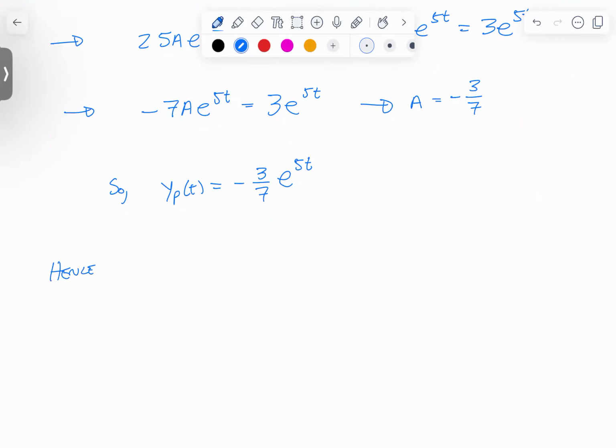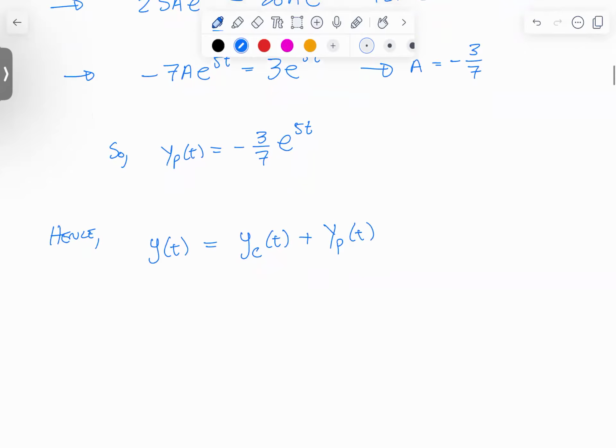And hence, the whole point here is that y of t is equal to the complementary function plus the particular function. So it is just a summation of these two pieces.